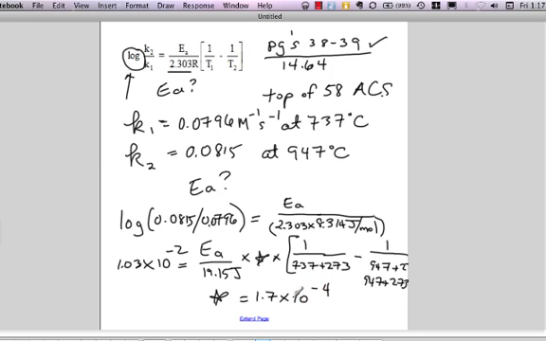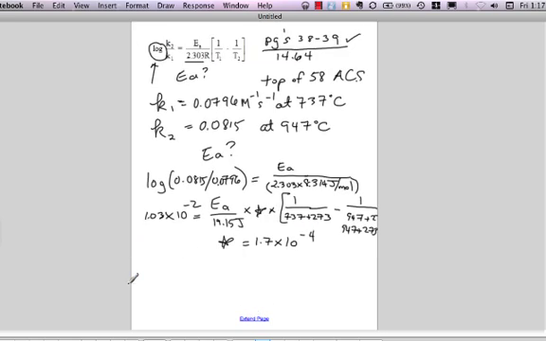Right? So let me rewrite this. 1.03 times 10 to the minus 2 equals EA over 19.15. Again, I got that by multiplying 2.303 times 8.314 times 1.7 times 10 to the minus 4.